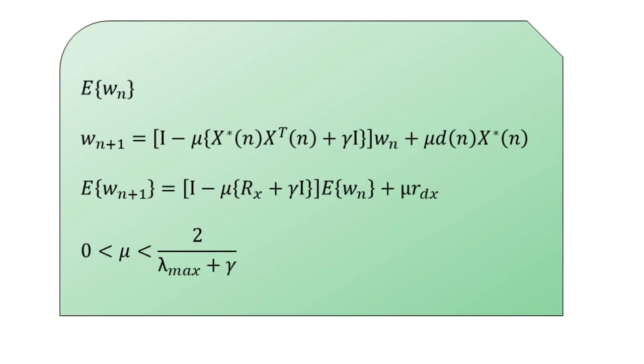Specifically, if we note the weight vector w_n converges in the mean, at that time we have the limit n tends to infinity of the expected value of w_n, that is equal to the inverse of the parenthesis where we have the autocorrelation matrix R_x added by gamma into I, multiplied to the cross correlation r_dx here. So therefore the leakage coefficient will introduce a bias into the steady state solution here.